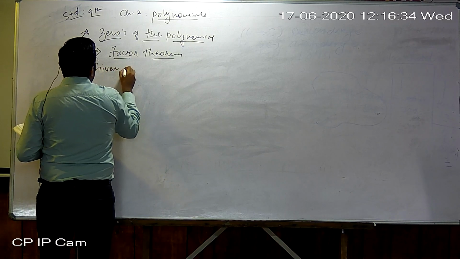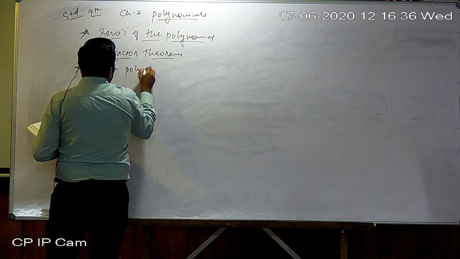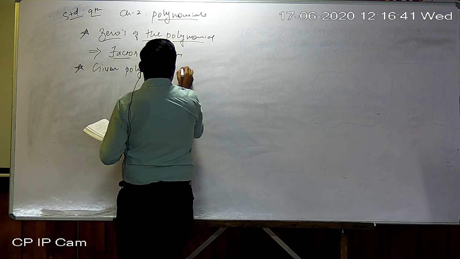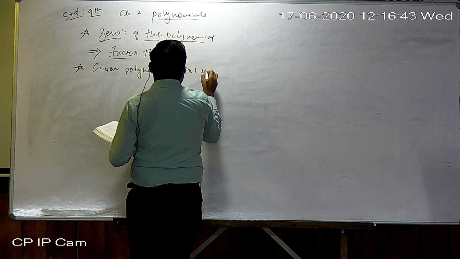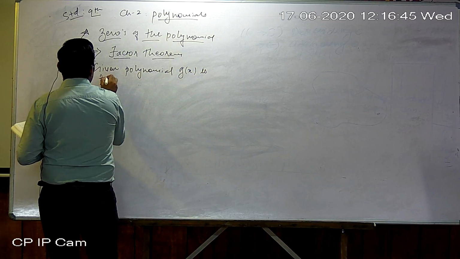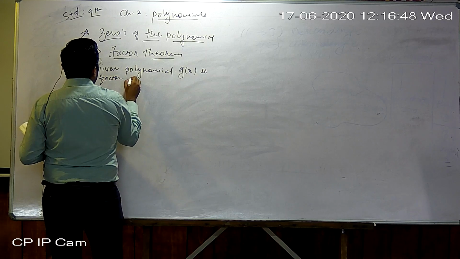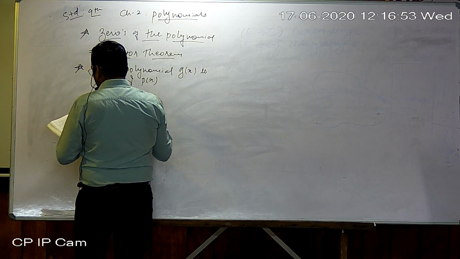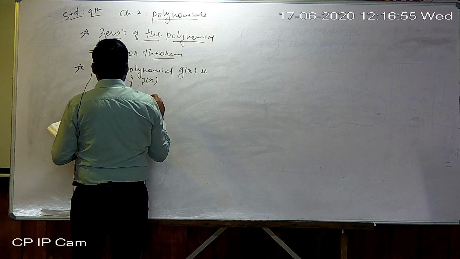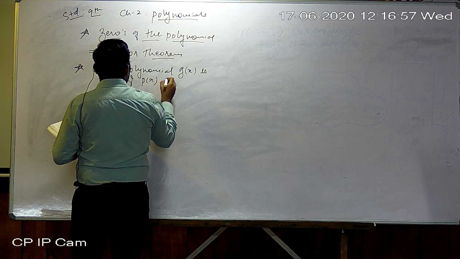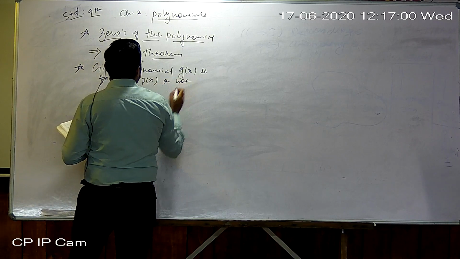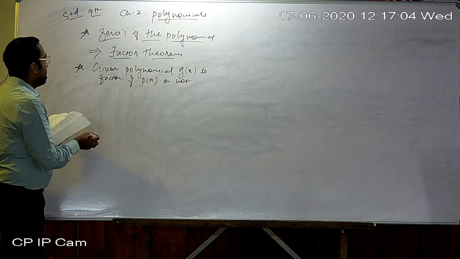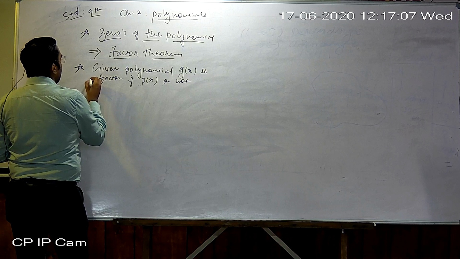My question is: given polynomial g of x, is it a factor of p of x or not?